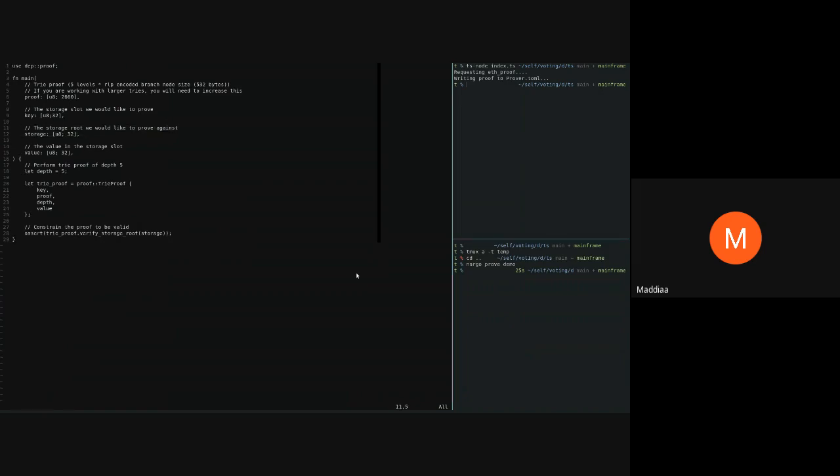So if I go into this terminal right here, I can run a Nargo prove demo, and it will build the circuit and then construct a proof. And then I can verify that same proof really quickly. So this takes around 20 seconds because it's constructing the proving key of the circuit as well, which takes up most of the time.